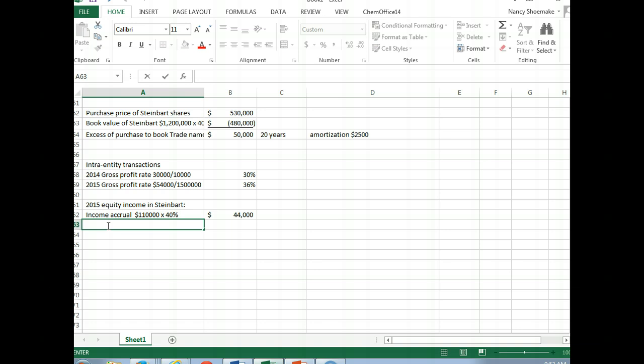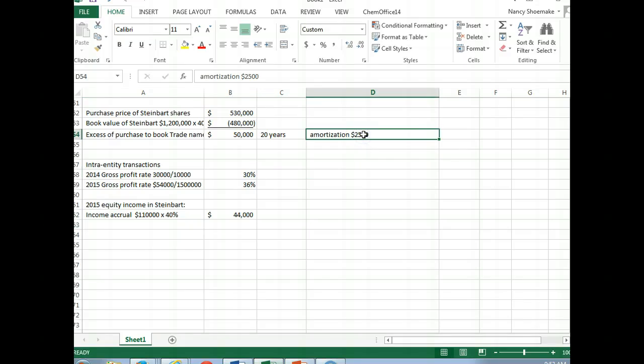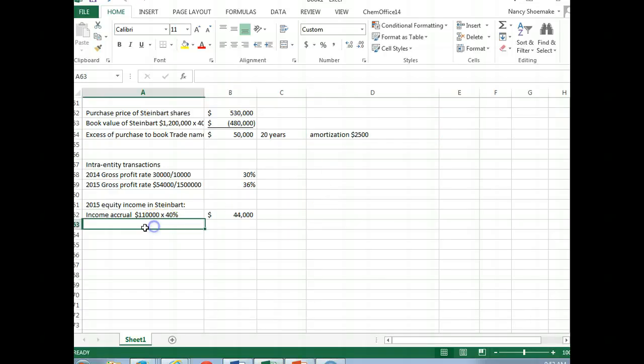So we're going to take our 44,000 because that's our share of the investee's net income times 40%. Then we have to take this amortization we do each year and reduce our income by that amount. Okay. So we're going to take our amortization from the trade name of $2,500. Now, that deferral in 2014, we need to show on our books today.